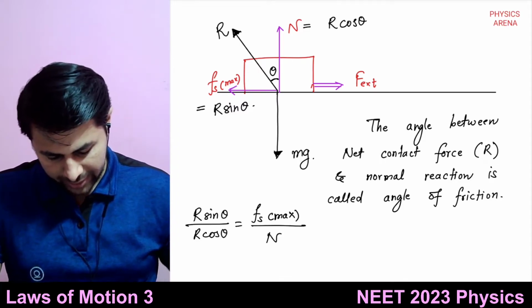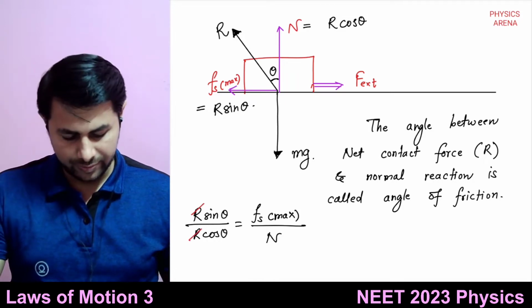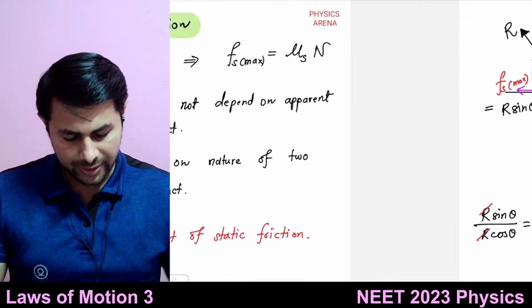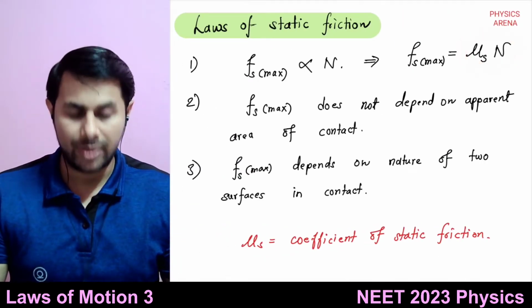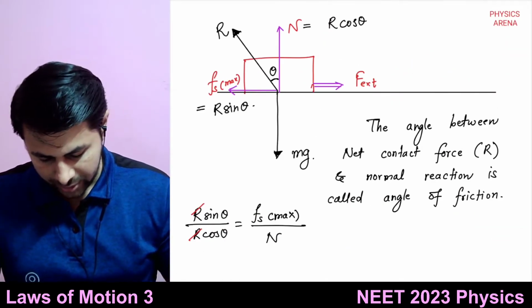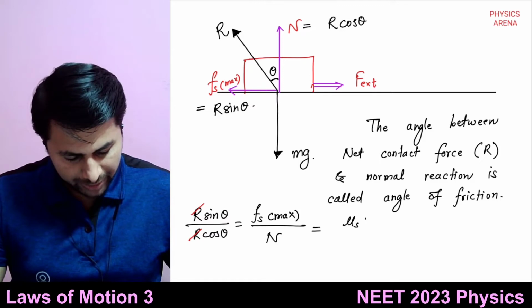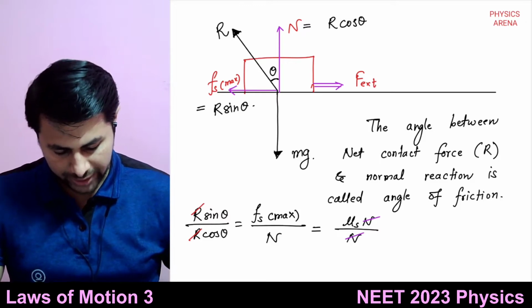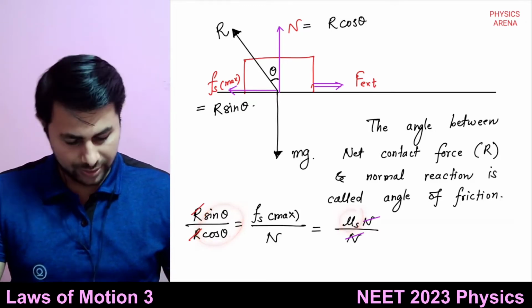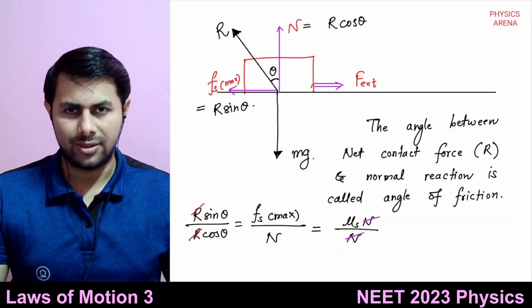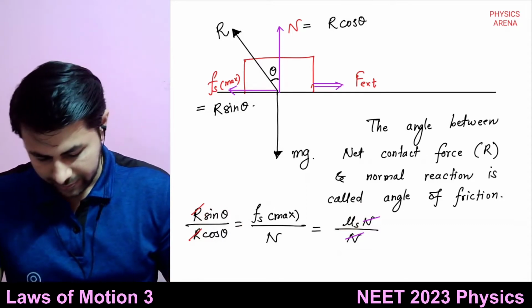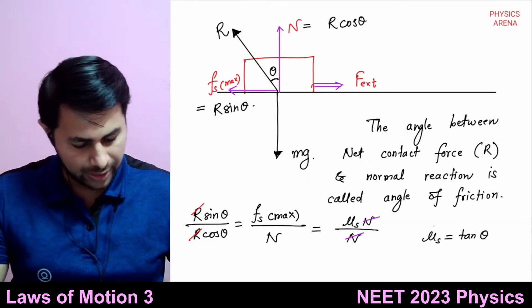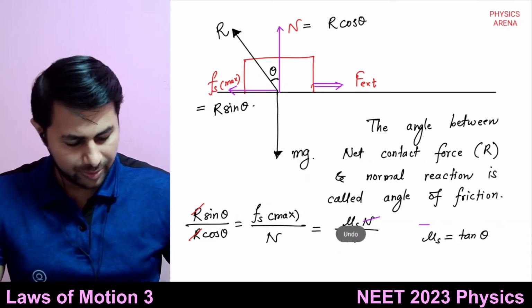On the left hand side, R and R cancel out. On the right hand side, Fs max is equal to mu s multiplied by the normal reaction, so you substitute that. Mu s multiplied by normal reaction divided by normal reaction, the normal reaction cancels out. So you get tan theta equals mu s, or theta is equal to tan inverse of mu s. And what is theta? Theta is the angle of friction.